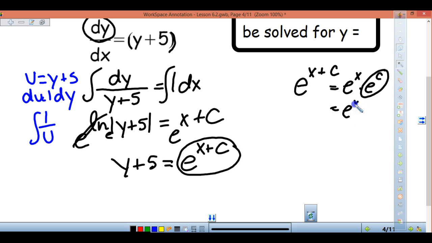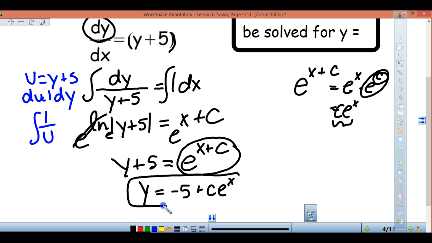So throughout this lesson, as an easier way to find c in problems where we need to find it, instead of writing the plus c up in the exponent, they say if I have e to the x plus c, I'm able to call that some constant times e to the x. So I know that it's not the same c as right here, but it's still just a constant. So we're going to treat e to the x plus c as c e to the x. So when I solve for y equals, I subtract over the 5, and then I have plus c e to the x as my final answer.